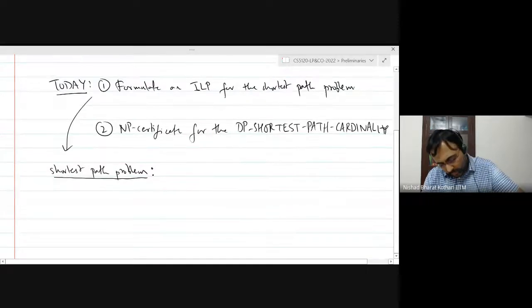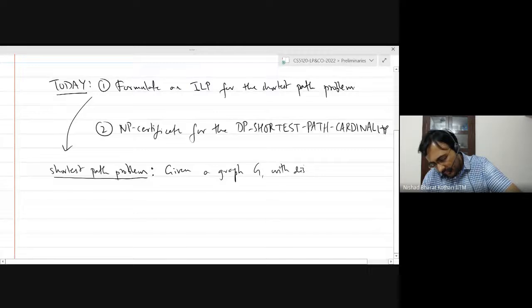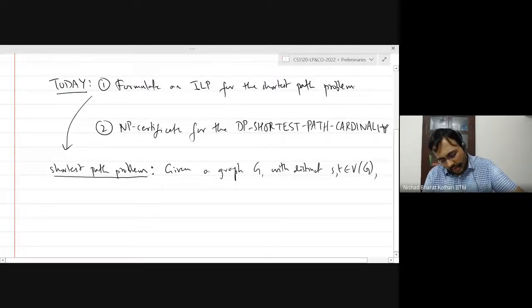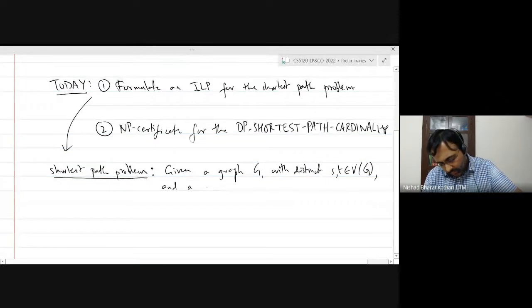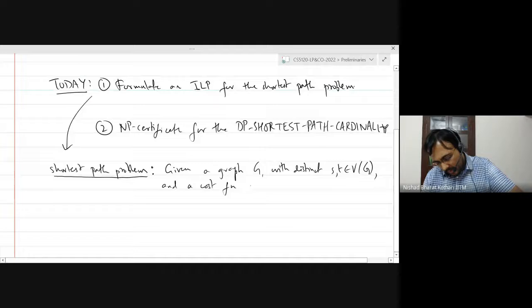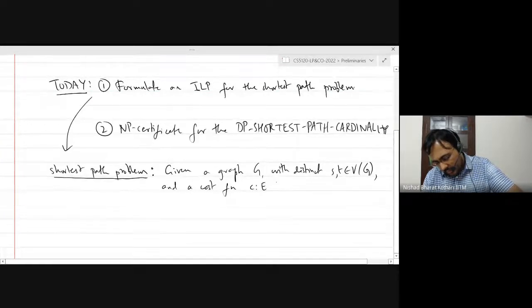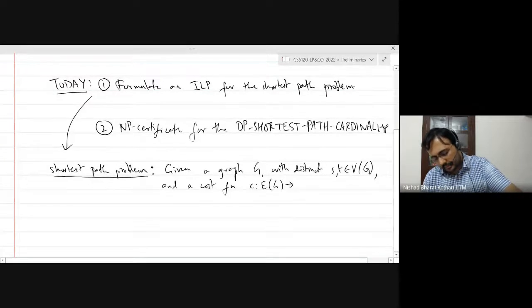So the problem is you're given a graph G with two distinct specified vertices, right? So these are two fixed vertices, and you have a cost function or a distance function, whatever you like, which gives a cost to each edge.